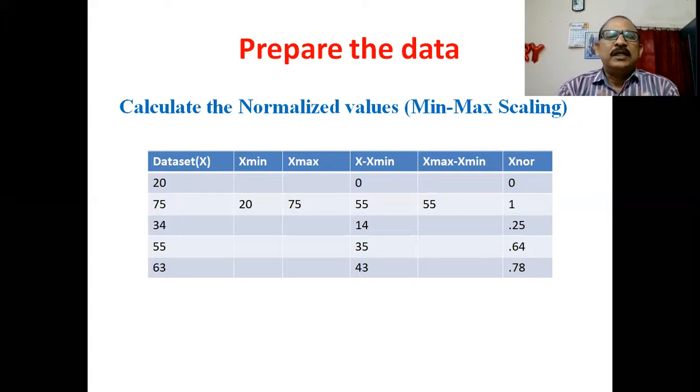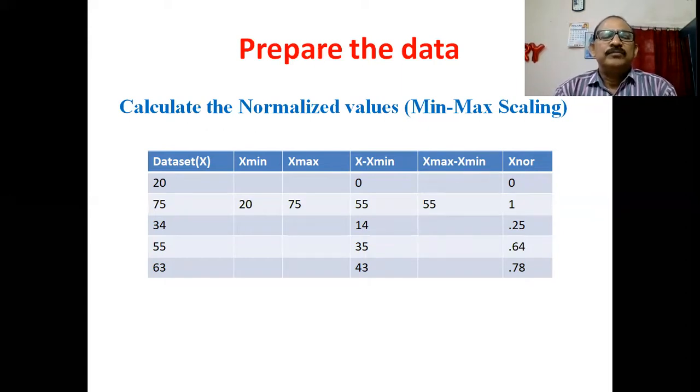Let us take a data set containing only one feature, and the values of that feature are 20, 75, 34, 55, 63. First we compute the minimum of these values. Here you can see 20 is the minimum value and 75 is the maximum value.